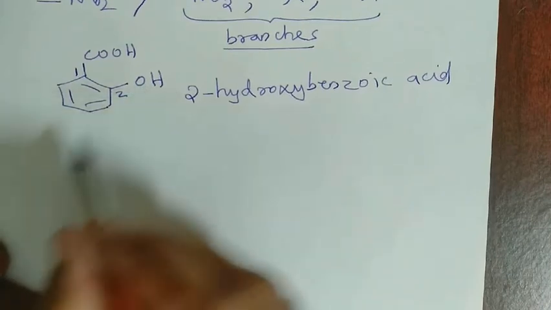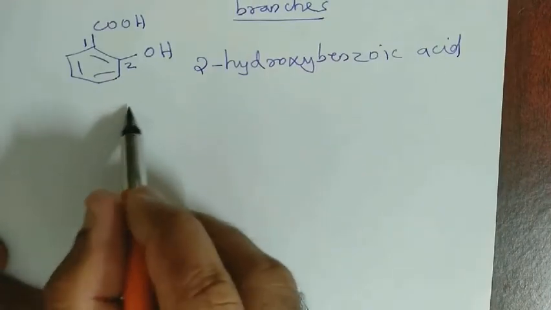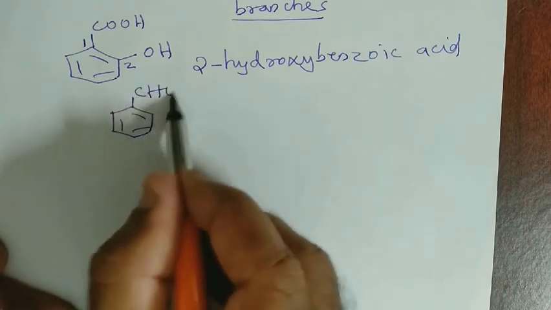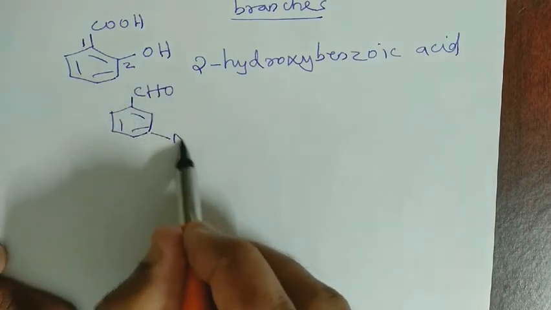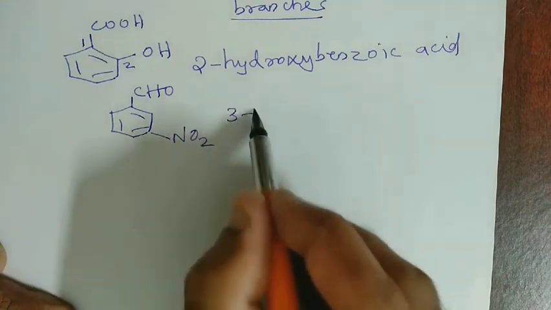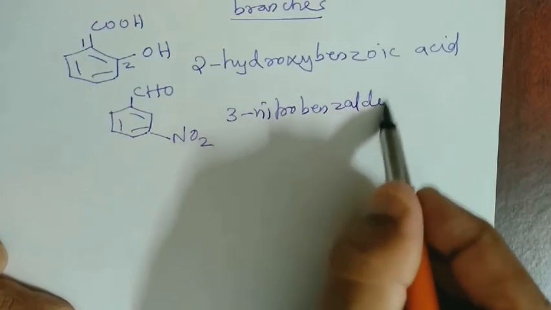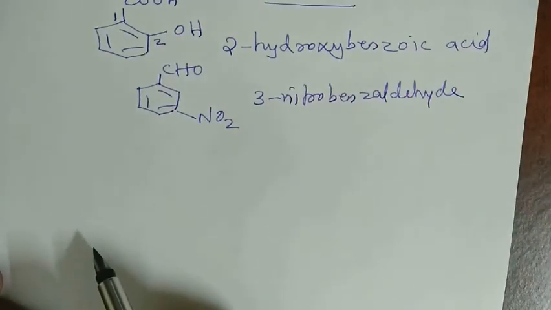Here OH is treated as a branch. Similarly, this compound is named as 3-nitrobenzaldehyde.